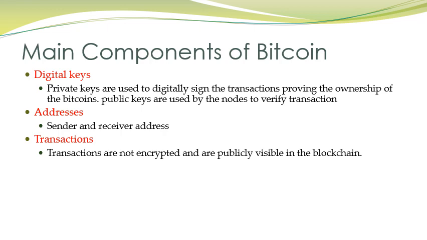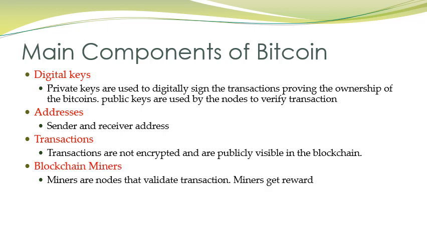The transactions are visible to all the nodes in the Bitcoin network, and every node has to validate the transaction, and for validating the transaction the nodes get a reward. The identity of the owner who initiates the transaction is confidential, that identity is hidden in the Bitcoin network. Then blockchain miners are nothing but nodes. A miner is nothing but a computer that validates the transaction, and miners get a reward for validating the transaction.